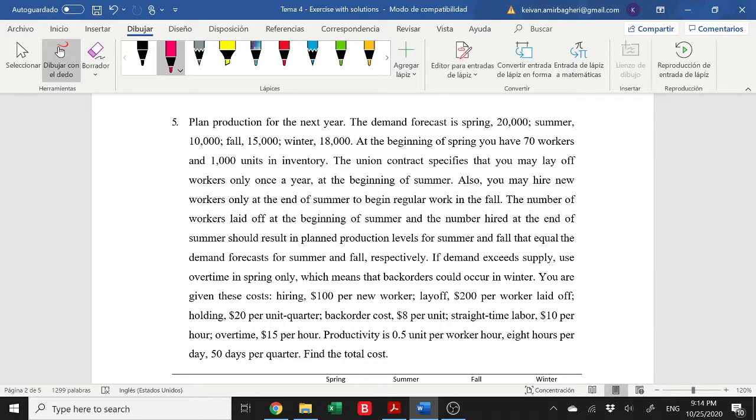Okay, so it means that for each of the products that we carry from one quarter, one season, to another season, we need to pay $20. Back order cost is 8 per unit. It means that the lack of production will be penalized, okay, here is a kind of penalty. This back order cost will be penalized by $8 per unit.